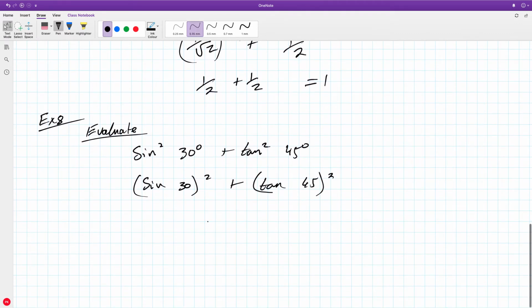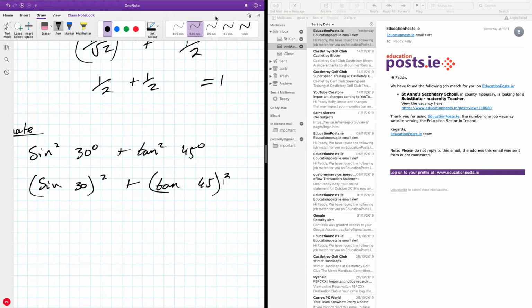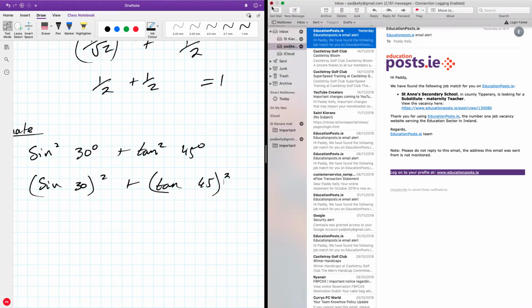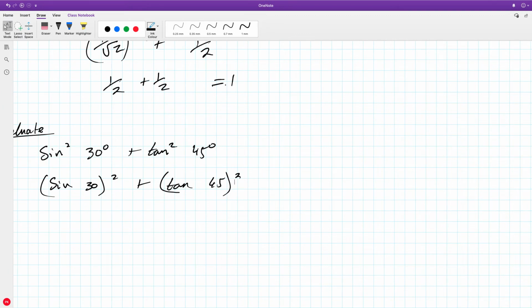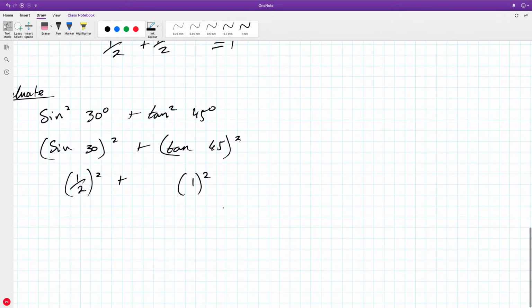Sine of 30 squared: sine 30 is a half, so a half squared, plus the tan of 45 squared, which is 1 squared. So a half squared is 1 over 4, plus 1, which is 5 over 4.